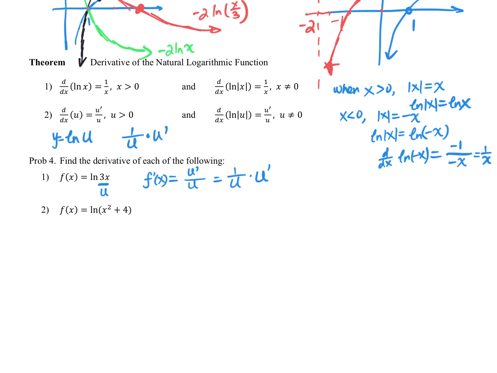So some people tend to do that. Either way is fine. So here, u prime will be just 3. U will be just 3x, which actually is 1 over x.